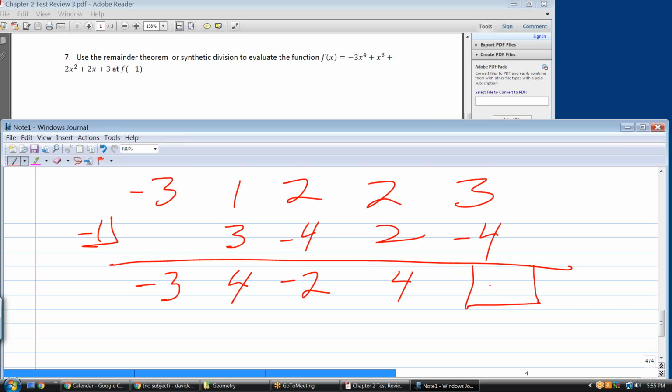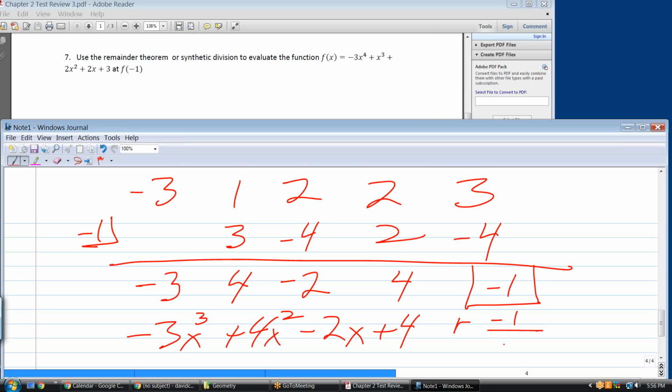Okay, so after doing the synthetic division, I get a -1 there. So then it will be -3x cubed plus 4x squared minus 2x plus 4, then -1 over -1.